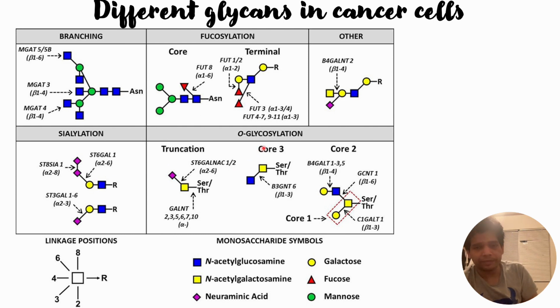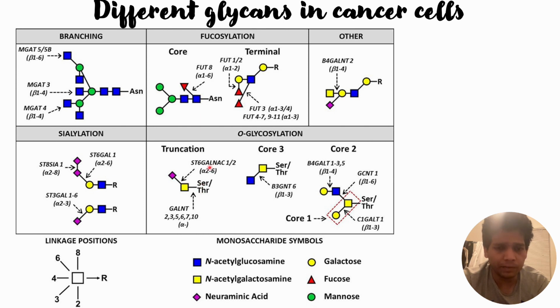And lastly, we will discuss the glycotransferases that are responsible for the truncation of O-glycans in cancerous cells. The most common are the Tn and STn antigens, which are predominantly found in pancreatic cancers.